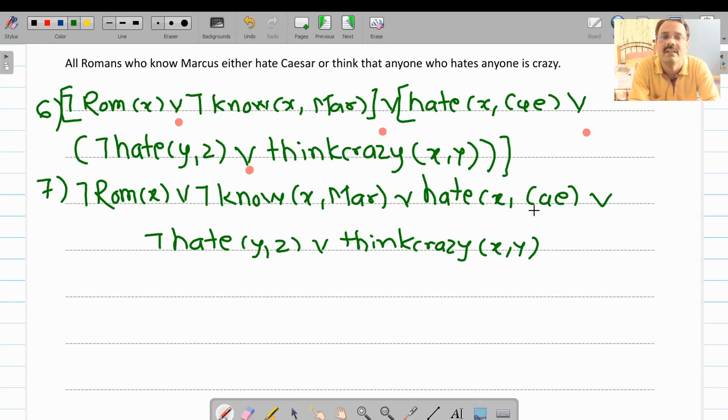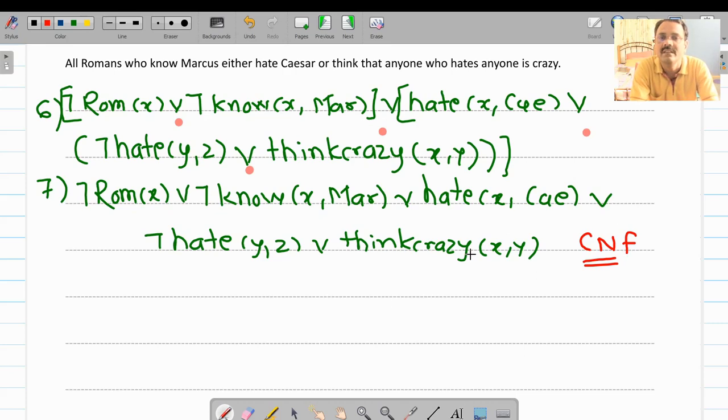Since all connectives are OR, you don't need those parentheses. So this is the required formula in CNF form. This is called conjunctive normal form.